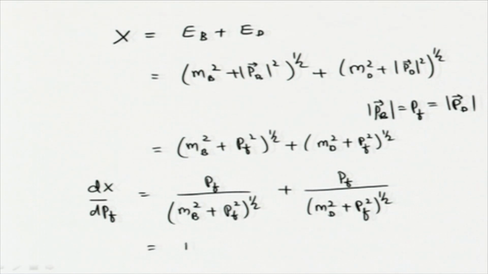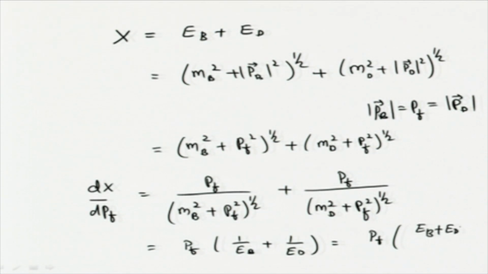So, this is essentially p_f times (1 over E_b plus 1 over E_d), which is equal to p_f into (E_b plus E_d) divided by E_b E_d.